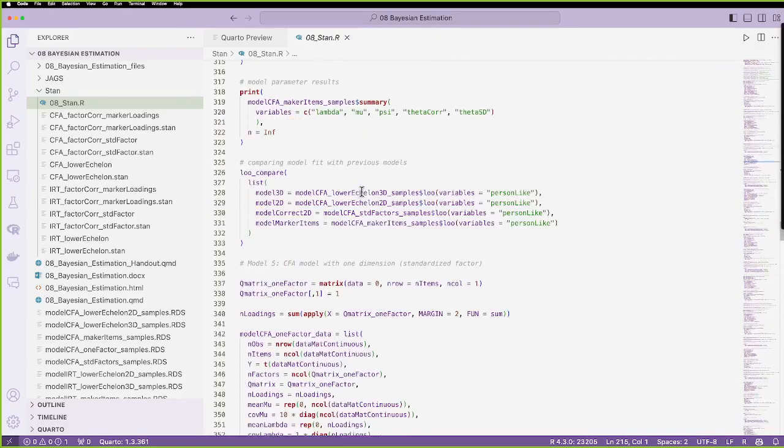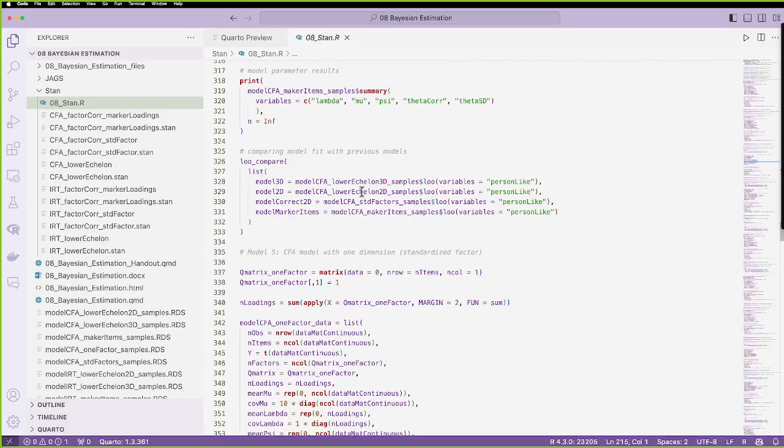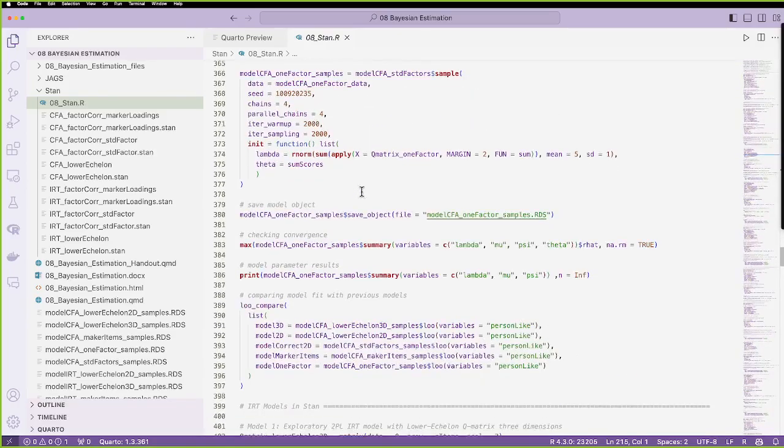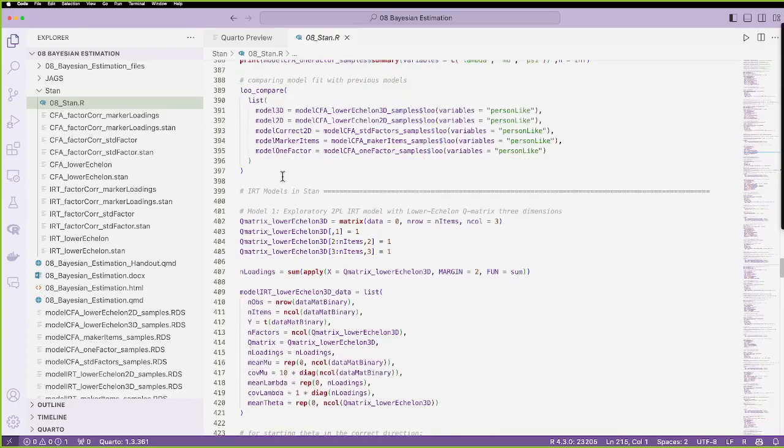And on and on and on. This is very repetitive. In fact, GitHub Copilot, once I did this for CFA, helped me fill it out for IRT in seconds. It was no big deal. But I'm not able to show you all of what happens. But if you do run this, I do encourage you to try running it on your own, because at the very end here, you'll compare all the models themselves. That will be where you'll see the model fit, how it works.